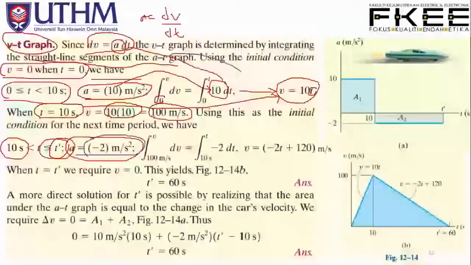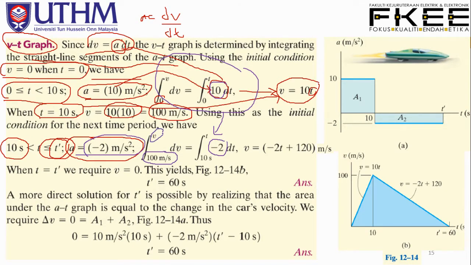This is similar to this equation, but instead of 10 we have minus 2. But it doesn't start at 0, instead we have 100 meters per second. So after 100 meters per second, remember just now, our car starts to decelerate and stop, until v, and here also after 10 seconds our car starts to decelerate until t.